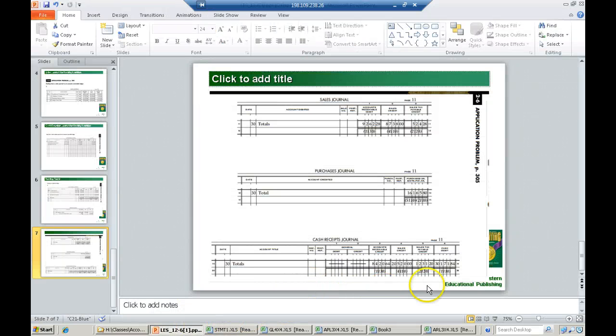The last journal is the cash receipts journal. So we're going to have to go to accounts receivable credit and record the total of $84,20.64. Again, this comes from cash receipts journal, page 11.